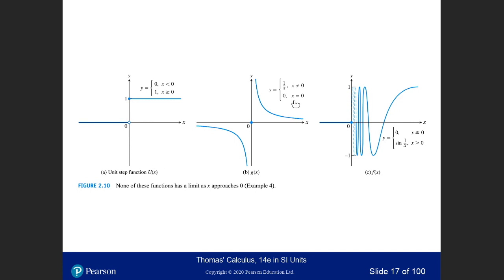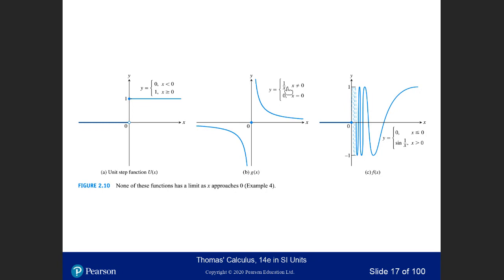Now let's look at this function, 1 over x when x is not equal to 0, and 0 when x is equal to 0. So that's the value of the function at x naught. This function does not have a limit because when you approach 0, this function grows too much. You cannot put a number.